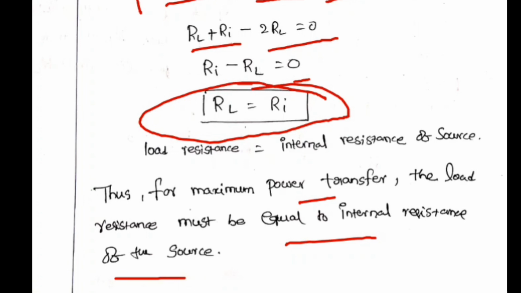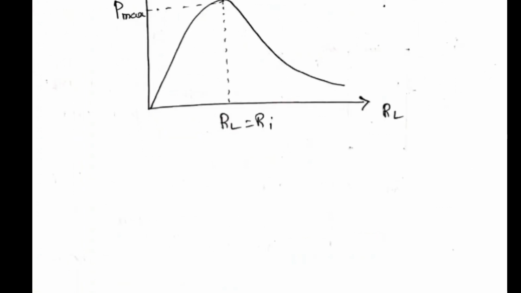If you know the maximum power transfer to load, we are converting into a Thevenin's equivalent voltage and equivalent resistance, after that load connected. After that, if you calculate power, then you will get RL equal to RI. This is the required condition. It is very important. If load resistance is equal to internal resistance of the source, then maximum power will be transferred. That is the theorem verified, and it is a proof of maximum power transfer theorem.